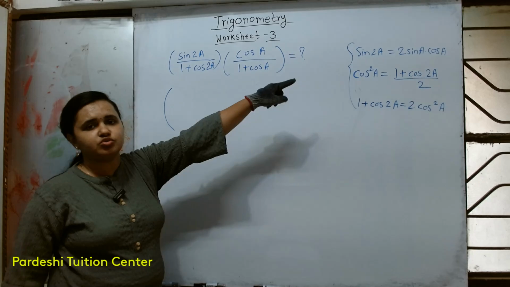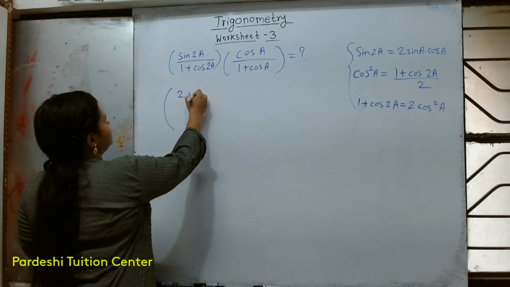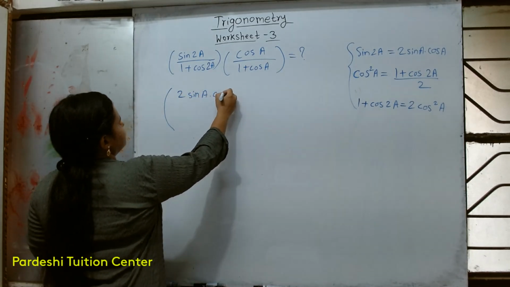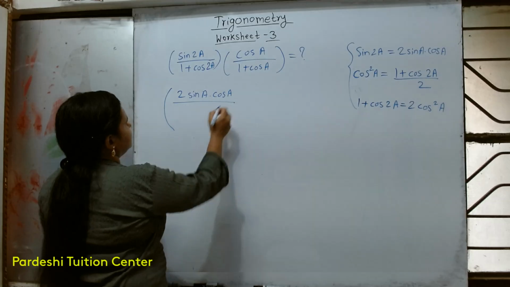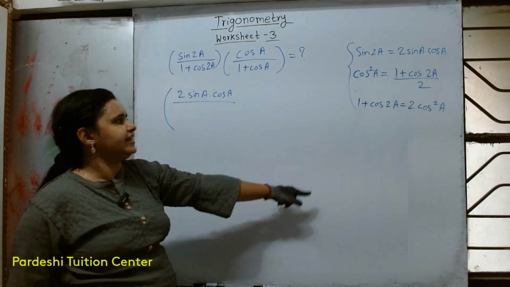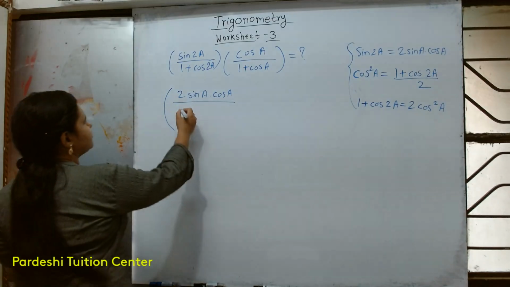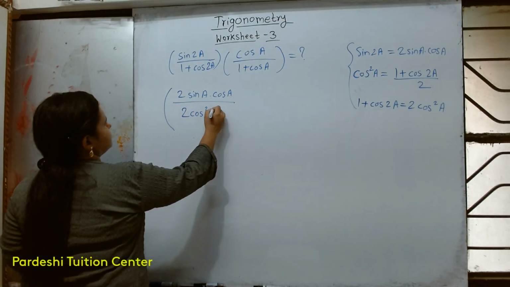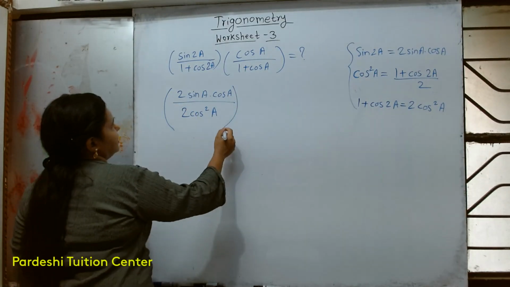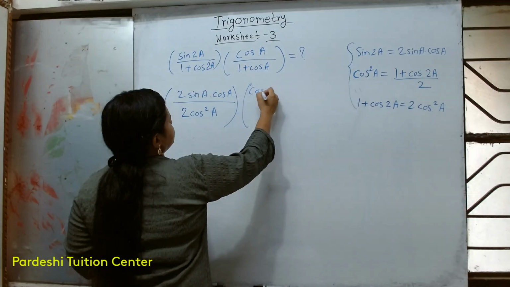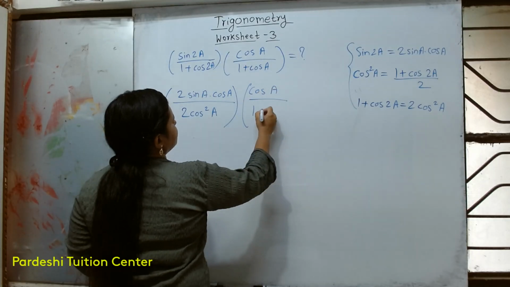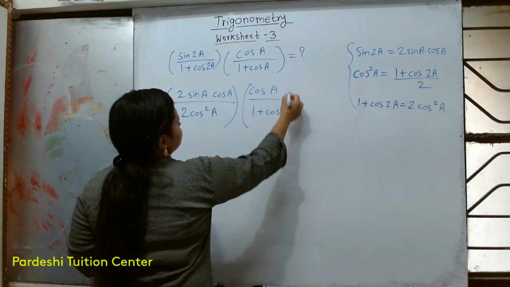Sin 2a was 2 sin a cos a, 2 sin a cos a upon, and 1 plus cos 2a we have calculated as 2 cos square a. The second bracket we take as it is, cos a upon 1 plus cos a.